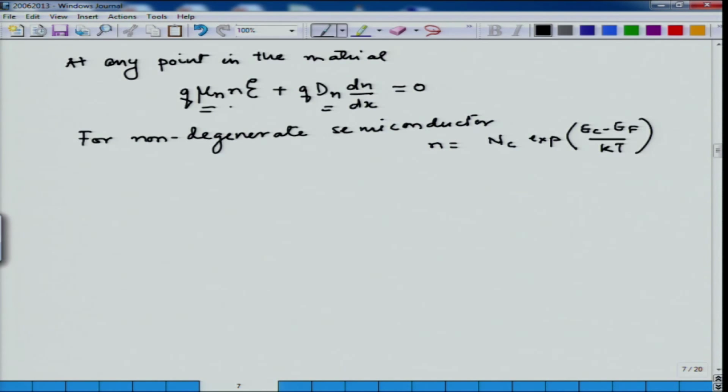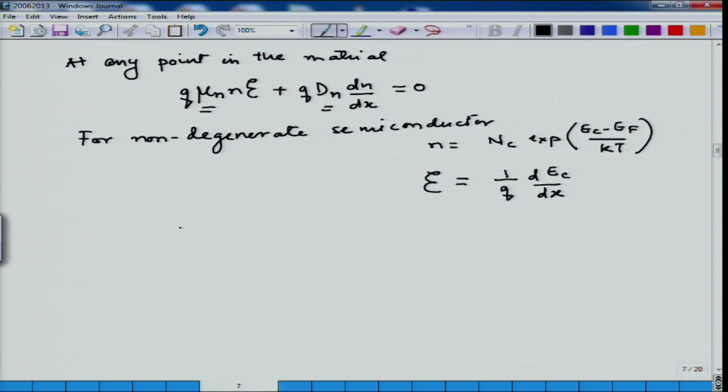So, I know what n is at any particular point, and then if I know n, I can calculate dn dx. I also know from the discussion during drift that the field inside the semiconductor can be related to the band bending due to this field by the expression 1 over q and the band bending as a result of this field inside the semiconductor.